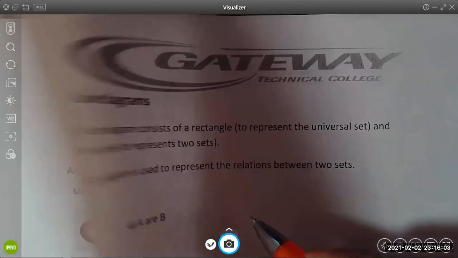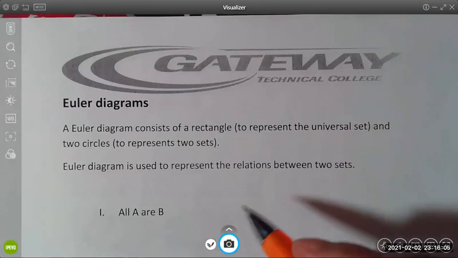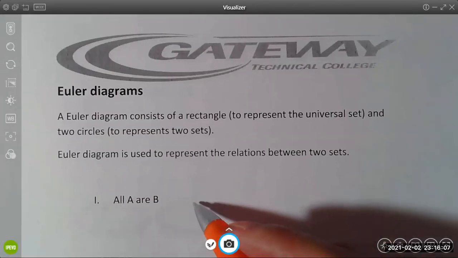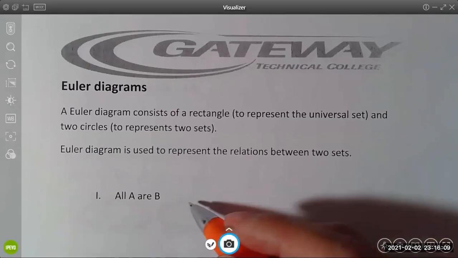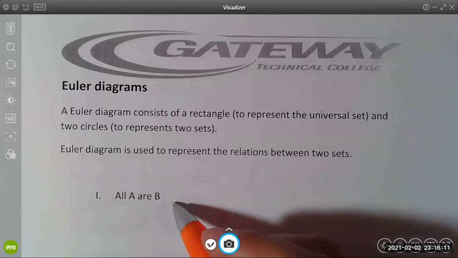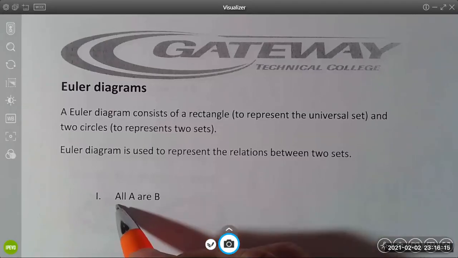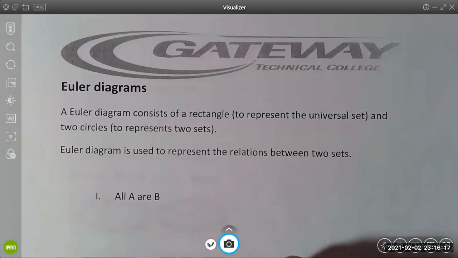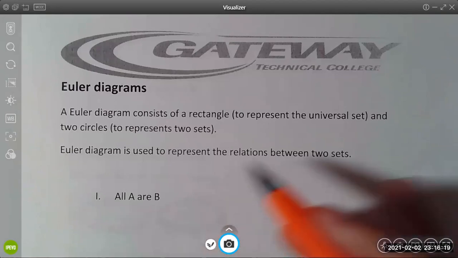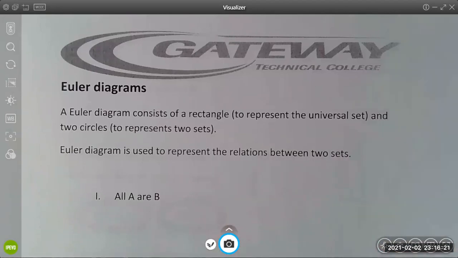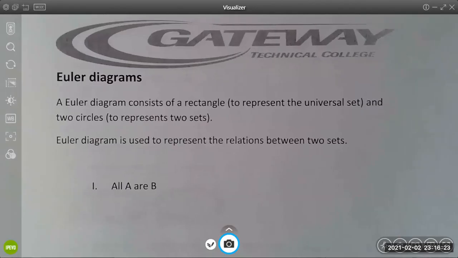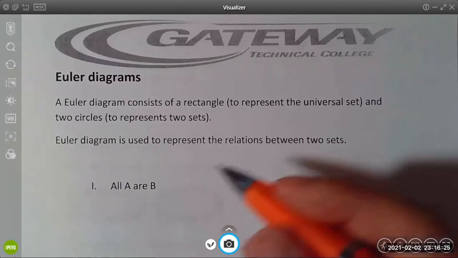And I'm going to show you all of this. There are only 4 when it comes to two circles. So first, all A are B. That means one circle is entirely inside the other one. This is the most important part. Once you get this part, you can solve all of the Euler related problems.